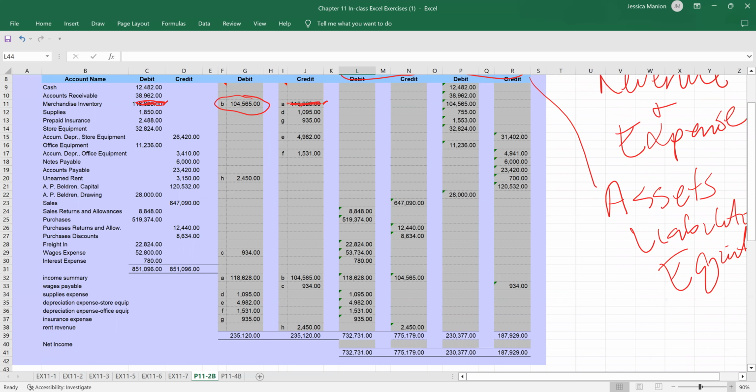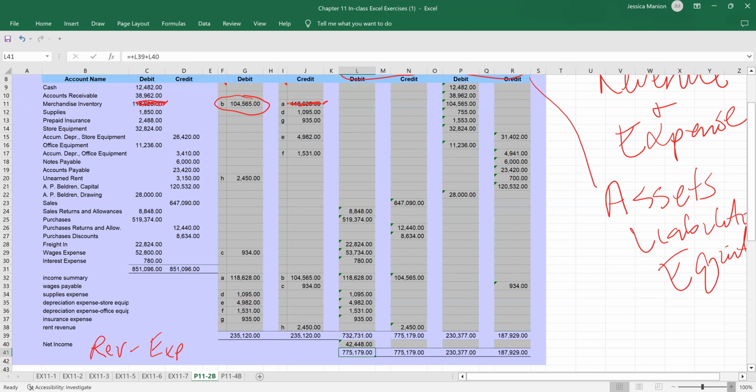So remember the formula overall to get net income is revenue minus expenses equals net income. So again, to get this amount, we're going to say equals our total credits, which represent revenue type transactions that increase net income, minus expenses or transactions that decrease net income, right?